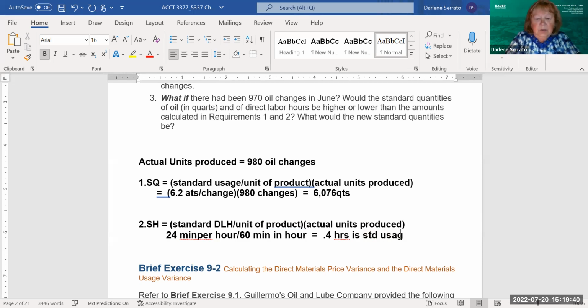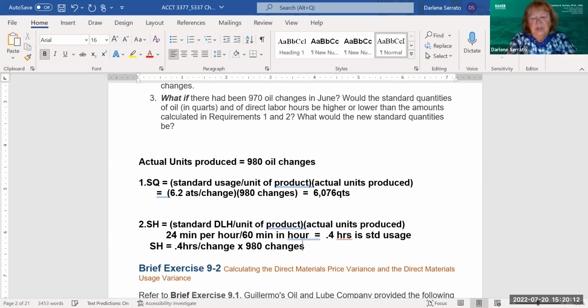Standard usage. Okay. So to calculate SH, standard hours allowed, that's going to be equal to 0.4 hours per unit per change times 980 changes, and that's going to give me 392 hours.